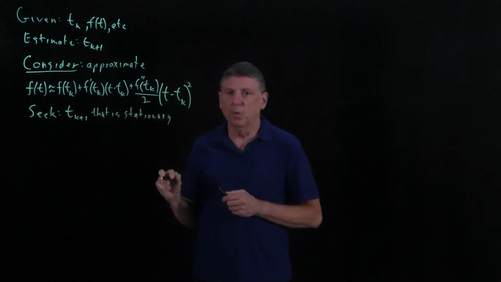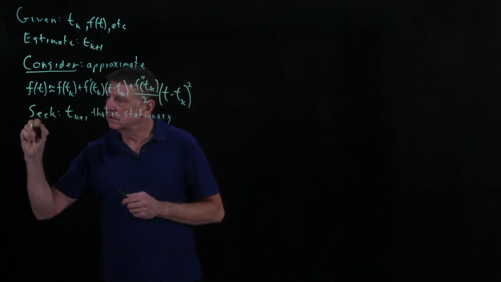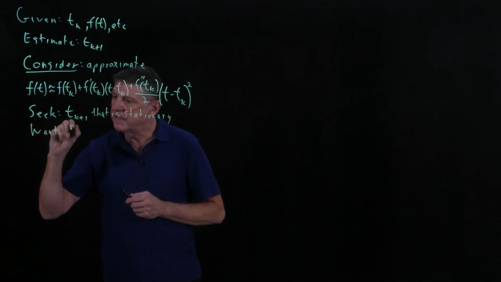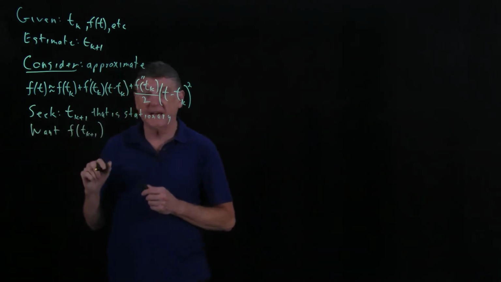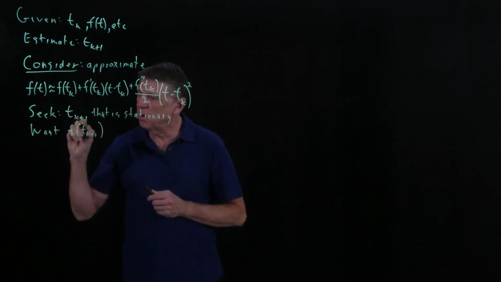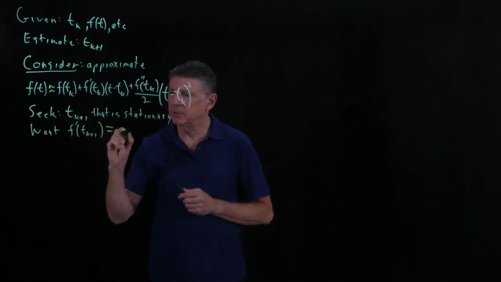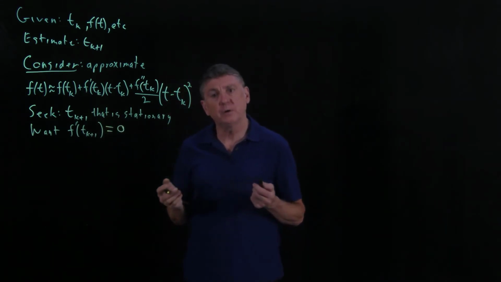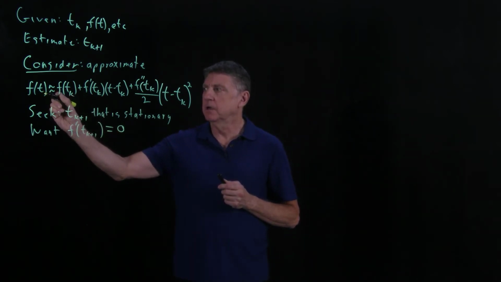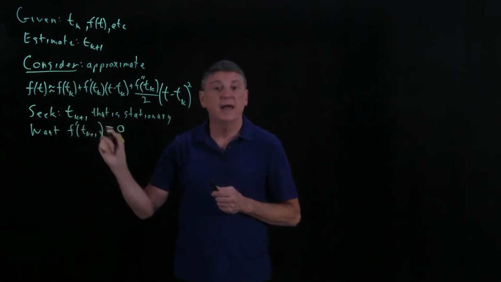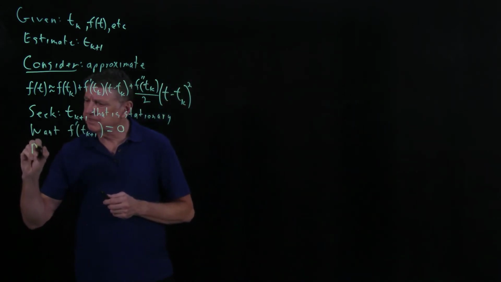That is, we want f evaluated at t_{k+1}. Well, we don't know what that is, but we sure want the derivative at t_{k+1} to equal 0. How could we go about doing that? Well, we could differentiate this function, and then we could substitute in and see where we are. Let's try that. So let's differentiate.